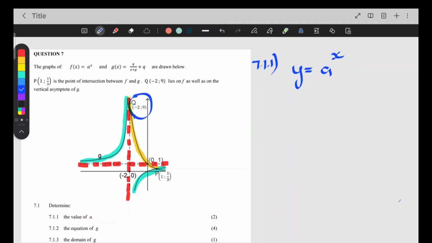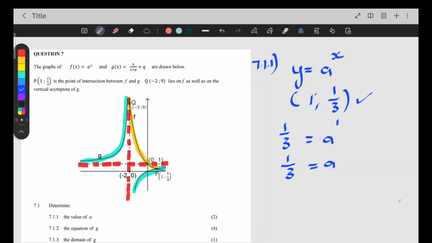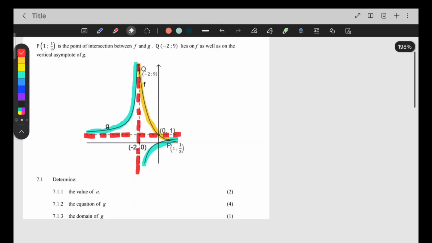You either substitute q or p, because both of them are on the exponential. So I'm going to sub p. So my y is a third, a to the 1. Okay, so a to the 1 is a. A is a third. And that's how you can do that question. So that question was for 2 marks. Subbing in the point and getting the answer. That's 2 marks.